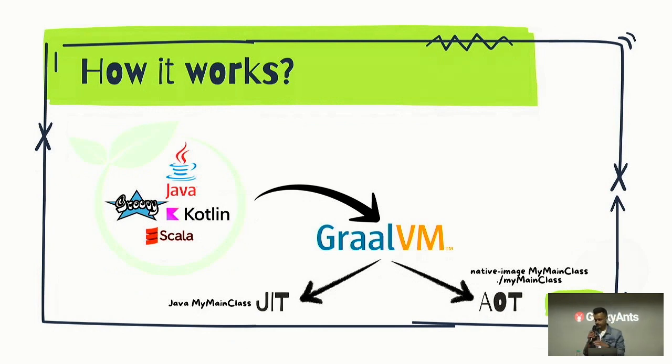JIT, as you all know, is the just-in-time compiler, which the JVM, the Java HotSpot VM, uses. And AOT is a part of the GraalVM environment. The full form of AOT is ahead-of-time compiler.